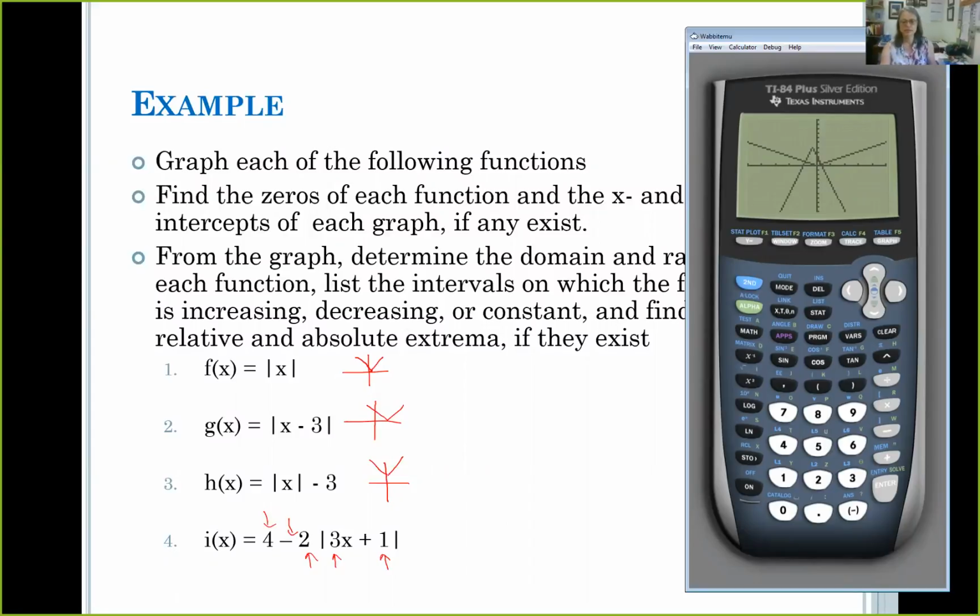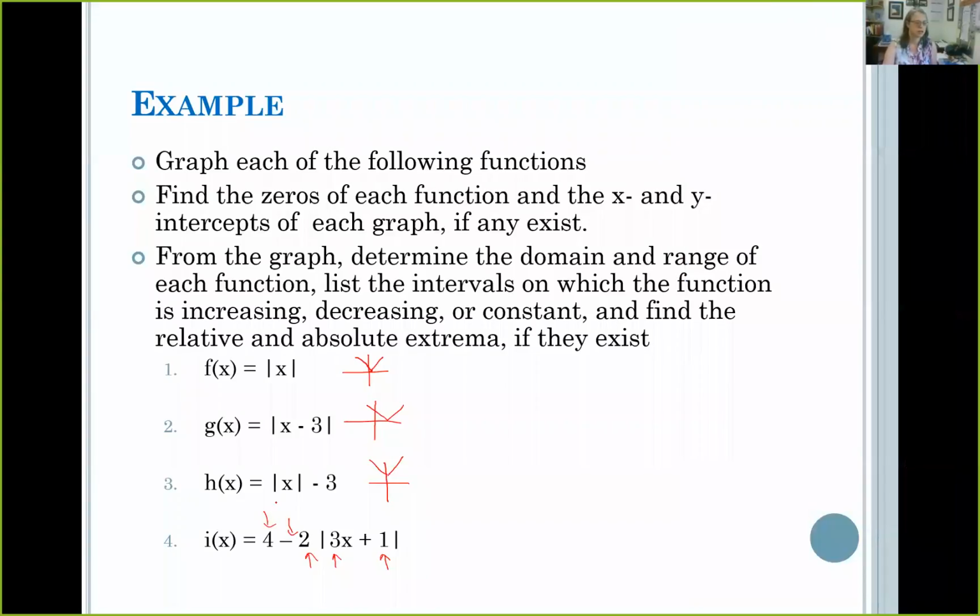So let's switch over to Desmos, just because Desmos is easier to see. And let's talk about just this last one. We're going to do all of this stuff for just this last one because it's the most interesting. So we're going to graph y equals 4 minus 2 times the absolute value of 3x plus 1.